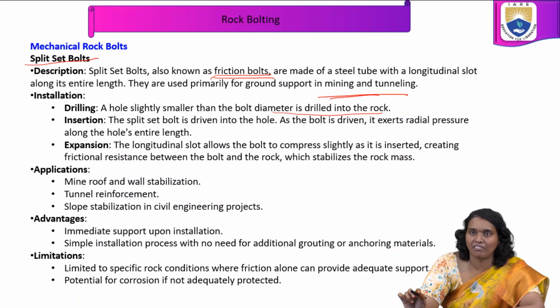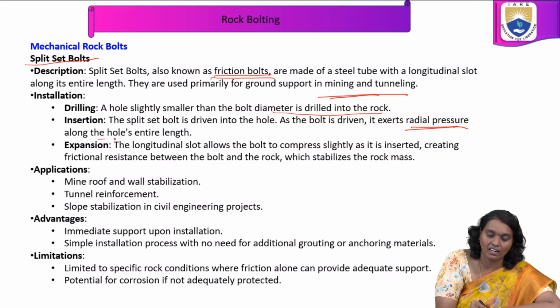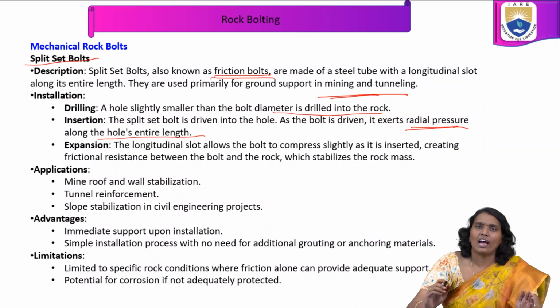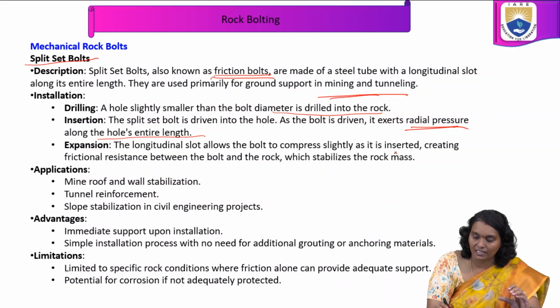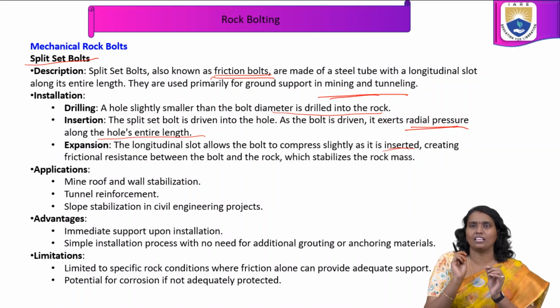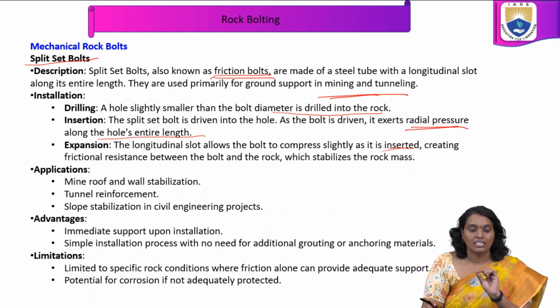As the bolt is driven, it exerts radial pressure along the hole's entire length. In the expansion, the longitudinal slot allows the bolt to compress slightly as it is inserted, creating frictional resistance between the bolt and the rock, which stabilizes the rock mass. That is why these bolts are known as friction bolts.